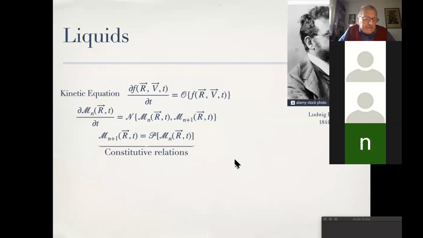And they go under different names. There is one procedure which is very much proposed by a distinguished group of physicists and mathematicians who call themselves rational mathematicians, and they claim that in order to have a good theory, you have to derive the constitutive relation, or propose a constitutive relation, for at least the first 13 moments.